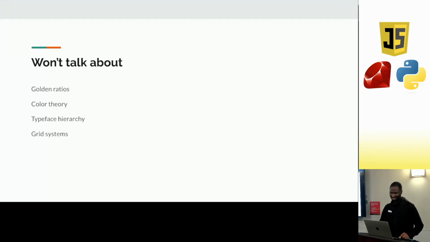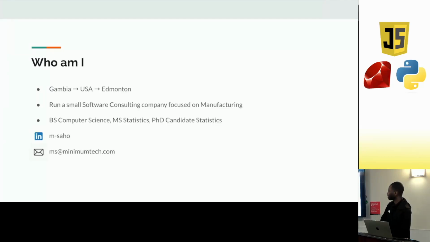So let's get started. I guess who am I? My name is Mohammed, and originally I'm born in Gambia, and then from there I moved to the U.S. for about 15 years, and then I moved to Edmonton just last year. I run a small software company.